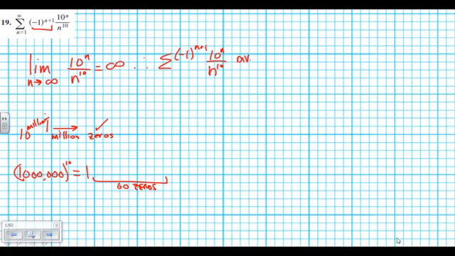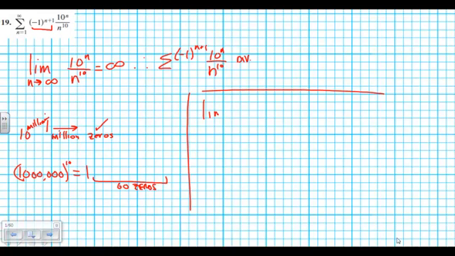Now, another way of looking at this question would also be, we could apply the ratio test to the absolute value of each term.